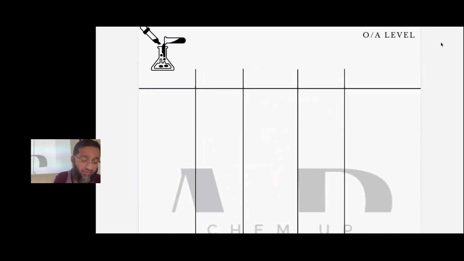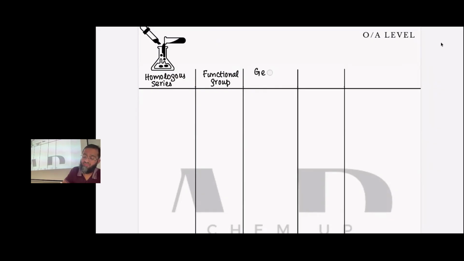Over here we are going to put the name of the homologous series. Then over here we are going to put the functional group in that homologous series. Then the general formula.